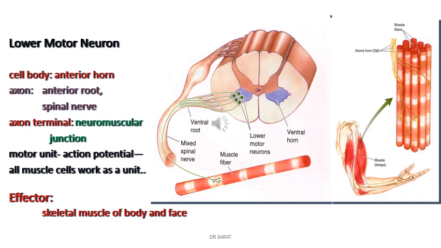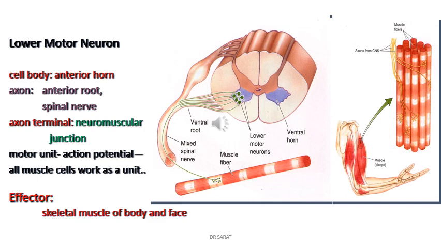So the upper motor neuron, from the cortex, connects to the ventral horn or the anterior horn, and from there the cell body of the lower motor neuron starts. You can see that in the picture, and the axons from the cell body form the anterior root, or what we call the spinal nerves. The spinal nerves begin from the anterior horn cells, and it ends in the axon terminals.